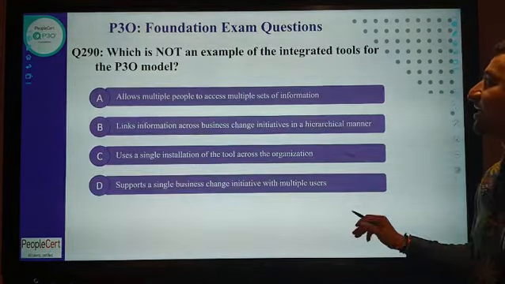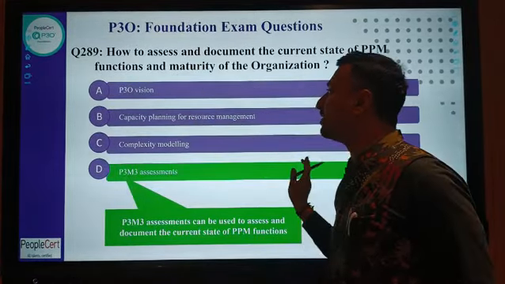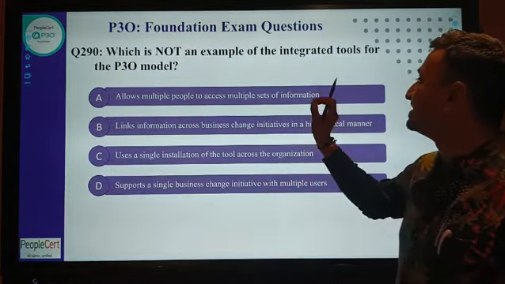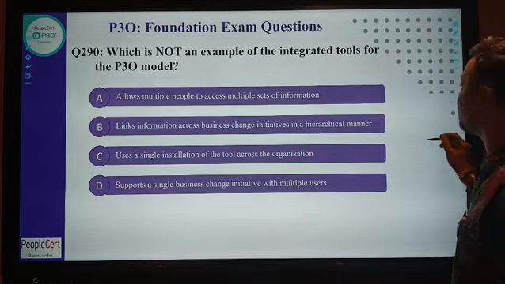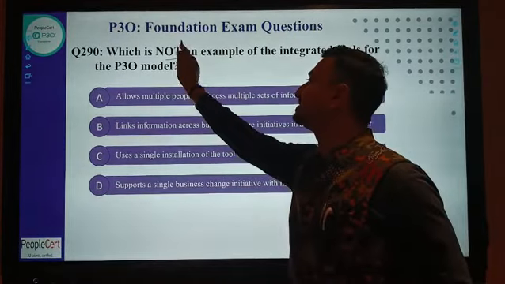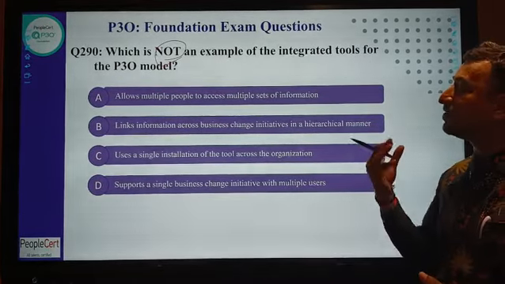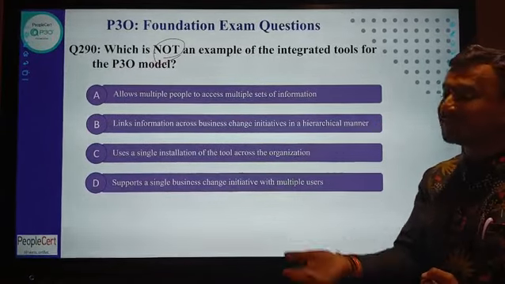Let's move to the next, 290, which is a "not" question. Which is not an example of integrated tools for the P3O model? So try to be focused over here. Sometimes you overlook the word "not", or you are in a mental state where you misread it.